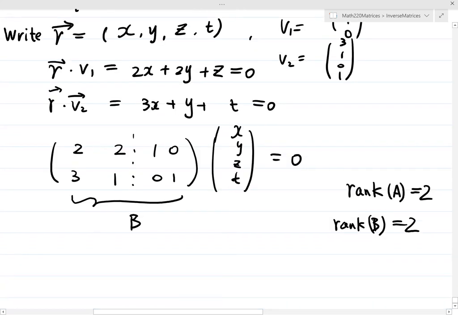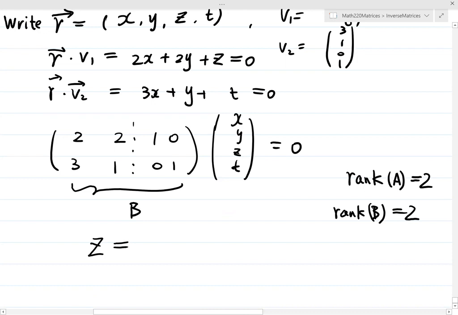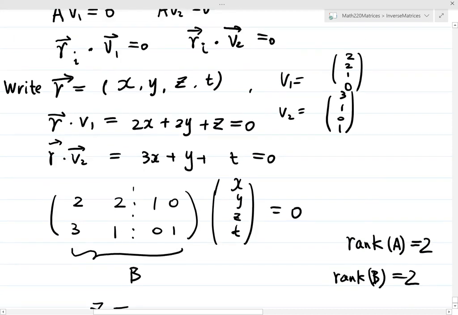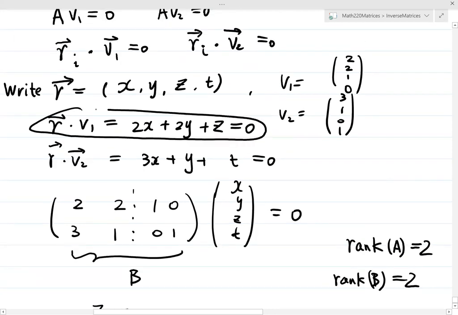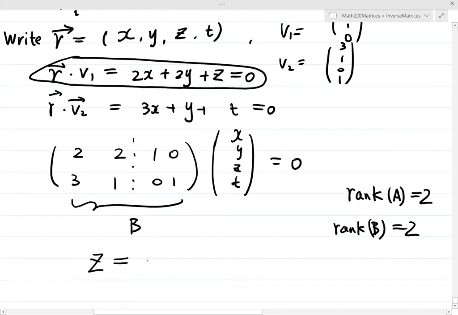Then the solution space has dimension 2 here, because the number of columns is 4, so we have 2 free variables. We can choose, for instance, x and y as free variables. Then from equation 1, R dot V1, we can solve z: z is negative 2x minus 2y.